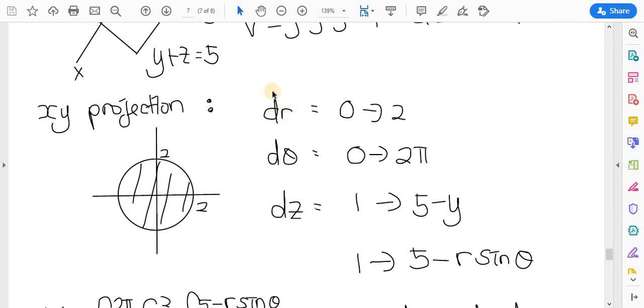So for my r, it will always be 0 up to 2, no matter which point. And for my theta, it will be a complete circle, so from 0 up to 2 pi.